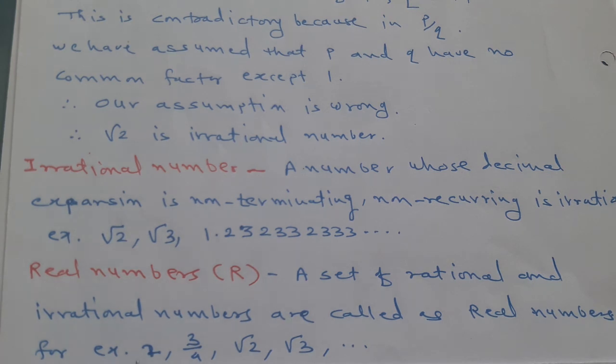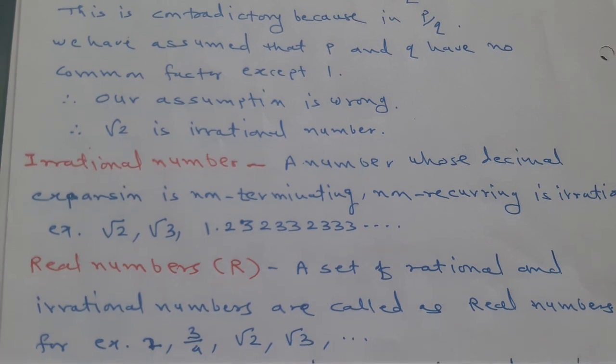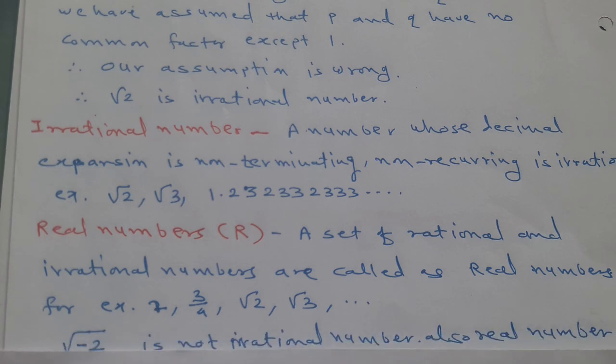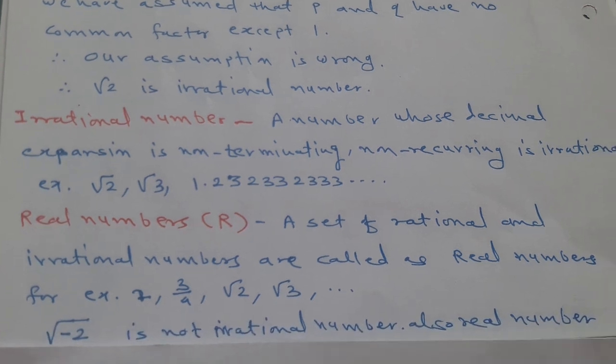For example, 2, 3 upon 4, root 2, root 3: 2 is a rational number, 3 upon 4 is a rational number, and root 2 and root 3 are irrational numbers.